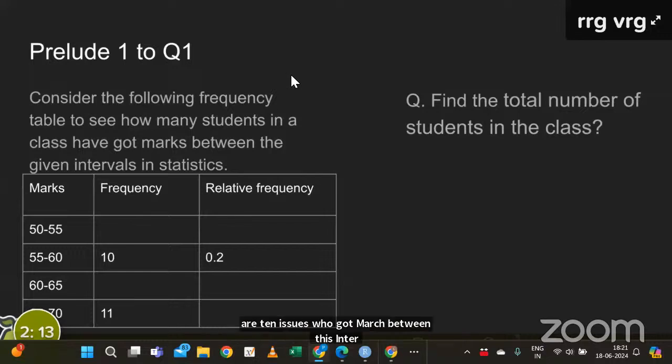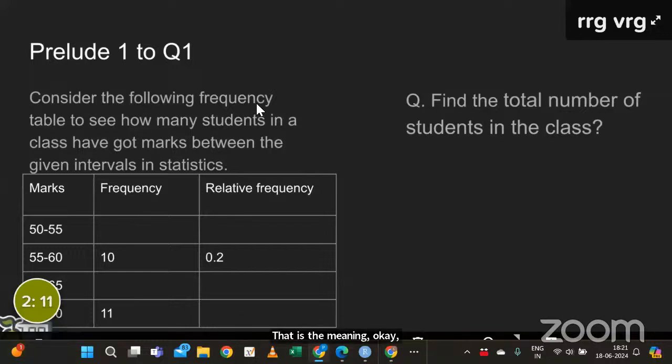Sir, so marks is a categorical variable? Tell me, how can marks be a categorical variable first of all? Just think, I think you should rewatch week 1. How can you say marks can be a categorical variable? Sir, marks is numerical, it has no unit.